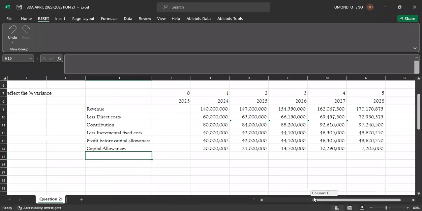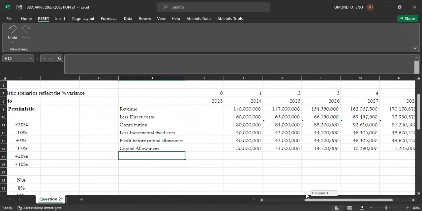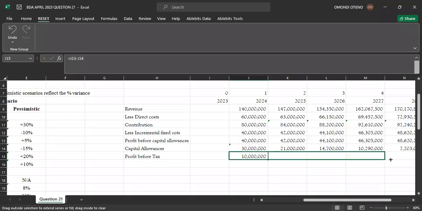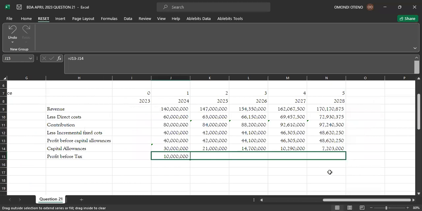Okay, so at this point, after getting the capital allowances, we can now get our profit before tax. So the profit before tax is equivalent to profit before capital allowances minus capital allowances, for us to get now the profit before tax.